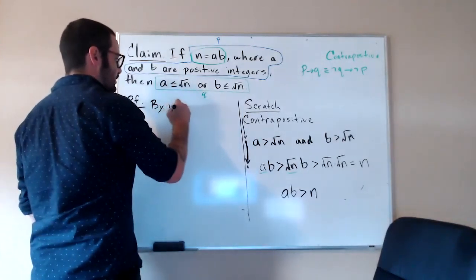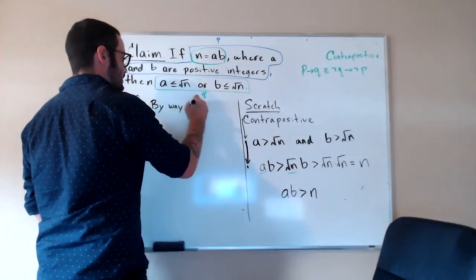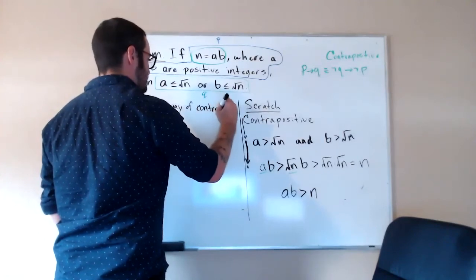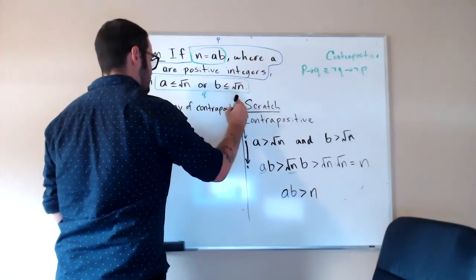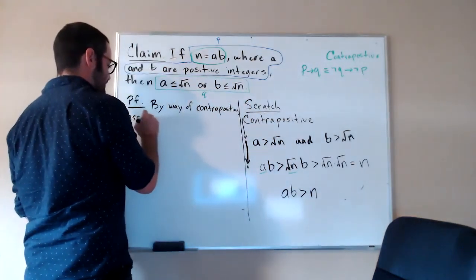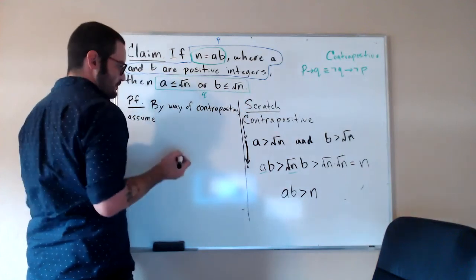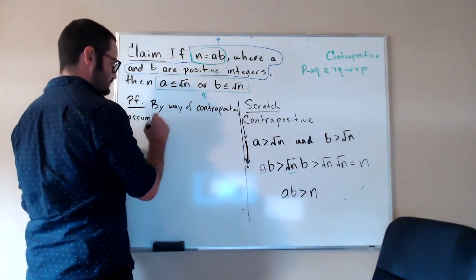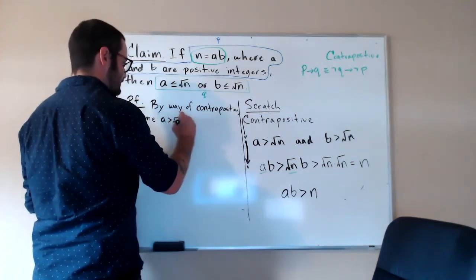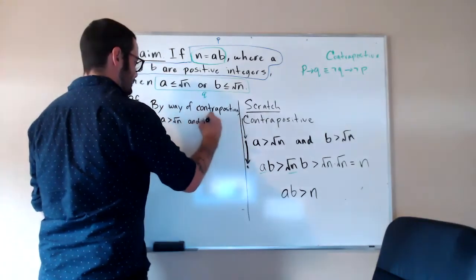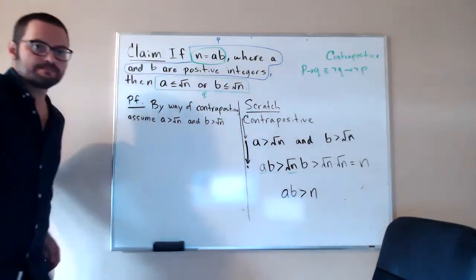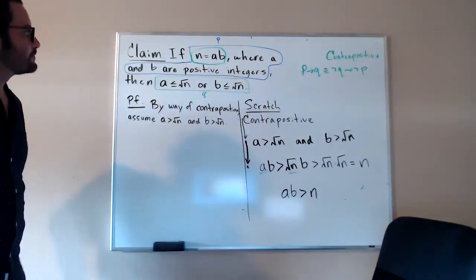So by way of contraposition, assume a is greater than root n and b is greater than root n. Okay.